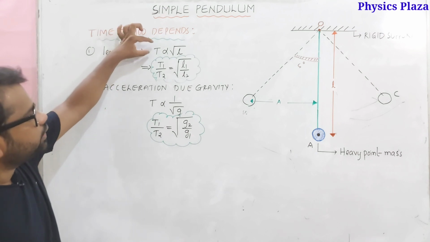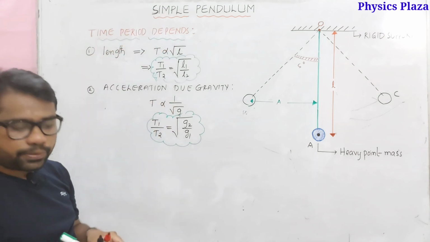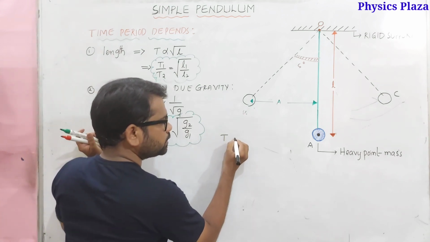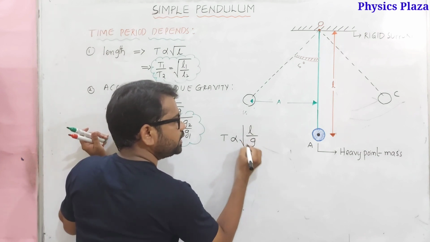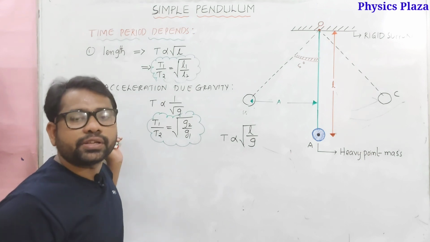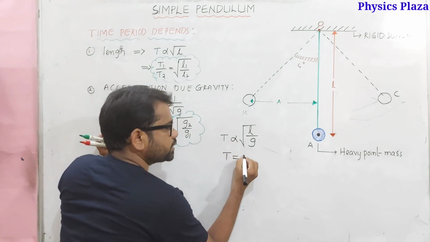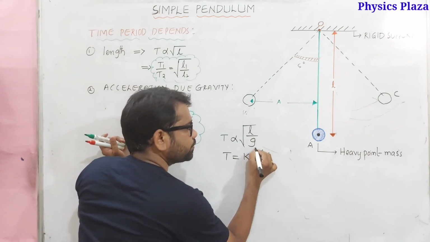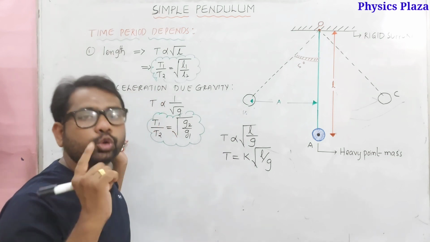Children, here T is proportional to root L, and T is inversely proportional to root G. So from this we can write T is proportional to the square root of L by G. Whenever there is a proportional symbol, children, we can take one constant. Let us take K as one constant, so K times square root of L by G. Experimentally the K value is calculated as 2 pi.